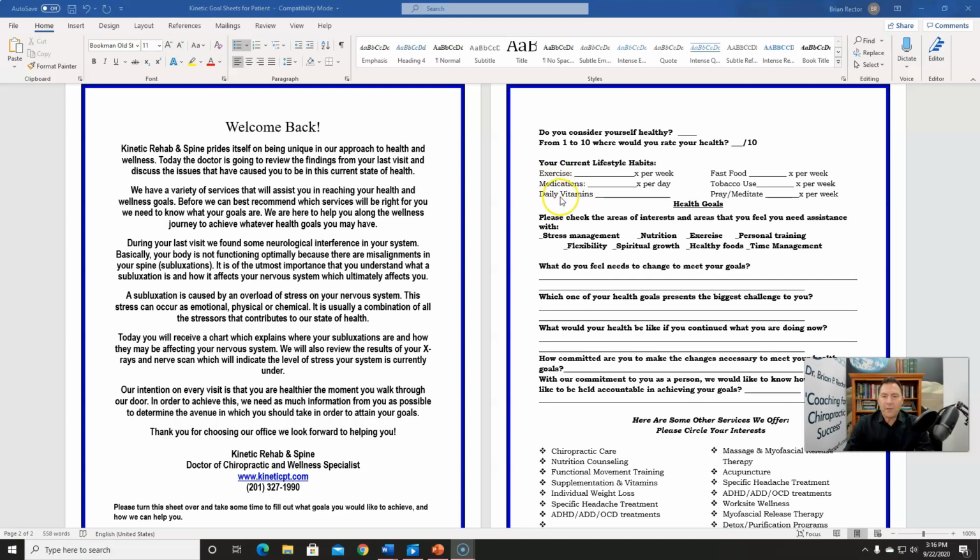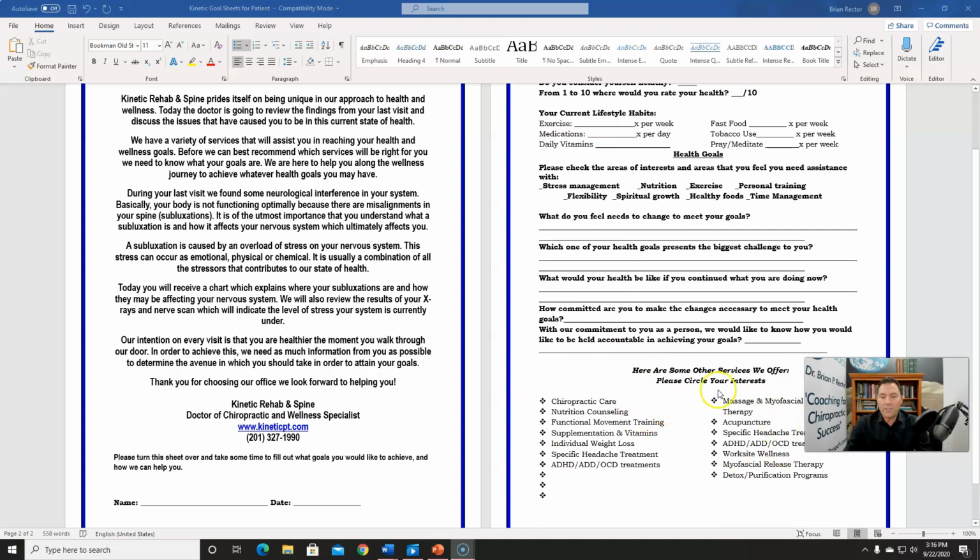Daily vitamins. Now, some of these are in regards to the stuff below here, right? What other services do we offer? So we have many different services that we offer in the office, but here we're highlighting what they are. And you can say daily vitamins 0 or 1 or 2.